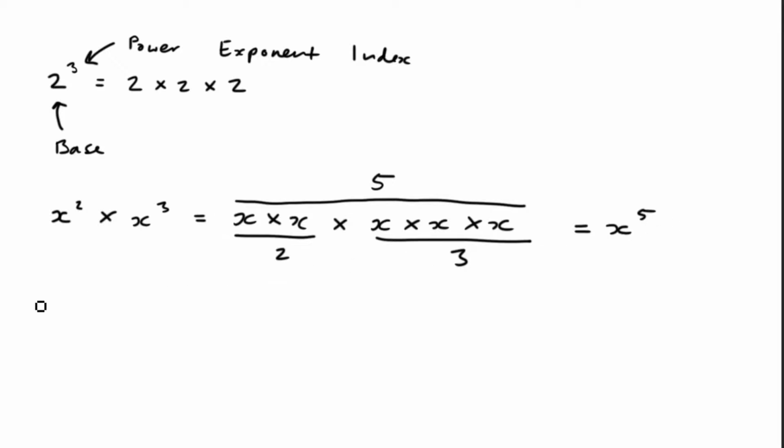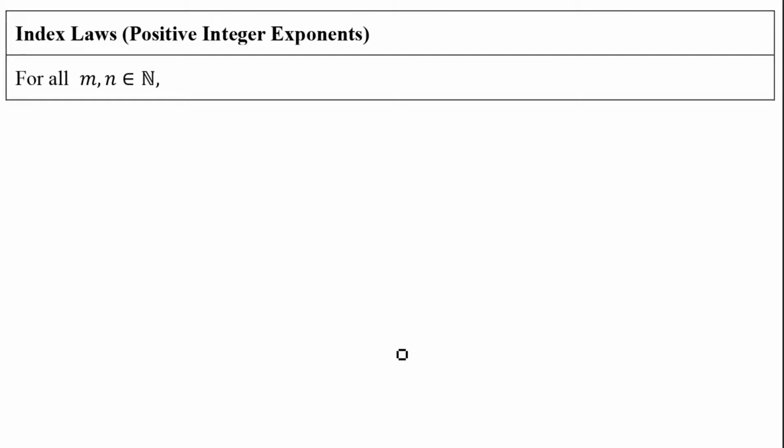In general, we can see that if we have x to the power of m, where m is some positive whole number, multiplied by x to the power of n, where n is some other positive whole number, then we will have x to the power of m plus n. So we have our first index law for positive integer exponents.